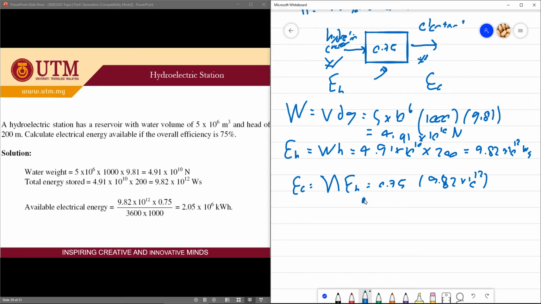If the question asks you to find it in kilowatt hour, of course you need to convert. This one, the unit is watt second.